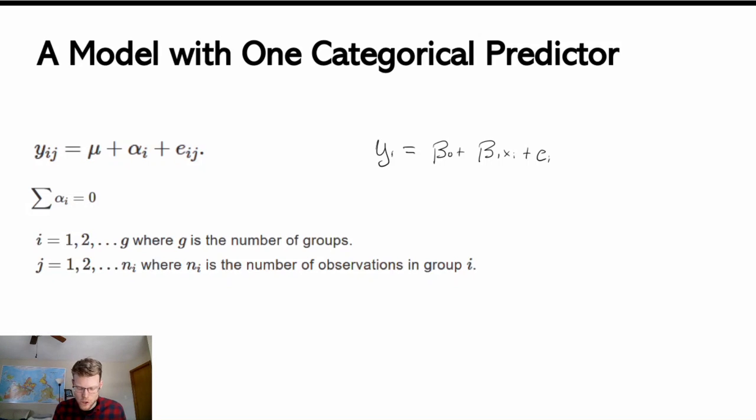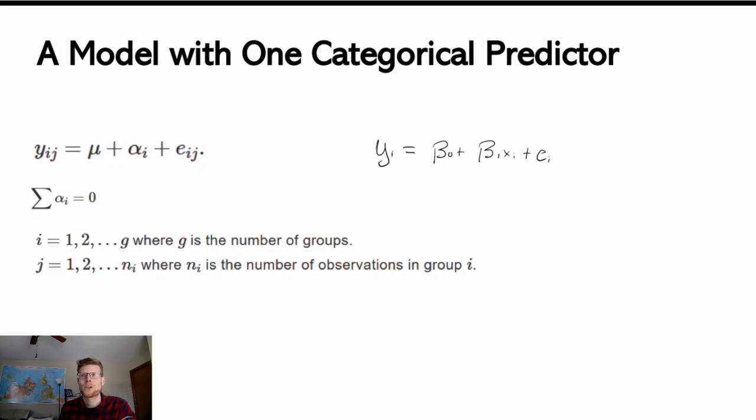In terms of notation, the i is now going to represent the number of groups I have. So i equals 1 means group 1, i equals 2 means group 2. j is going to represent the number of observations in a particular group. So I'm going to have n observations in group 1, and some other number of observations in group 2.